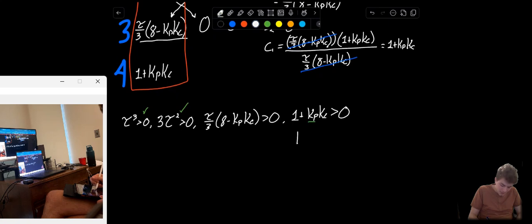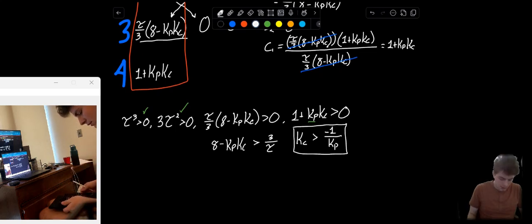I'm going to solve for Kc and say that it has to be greater than -1 over Kp. So this is one of our criteria, a bound for Kc for stability purposes.